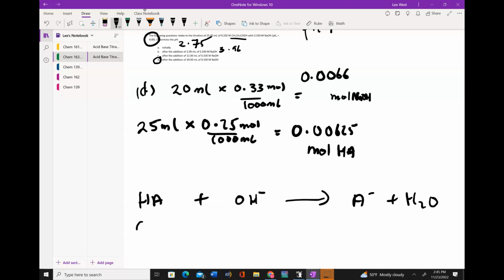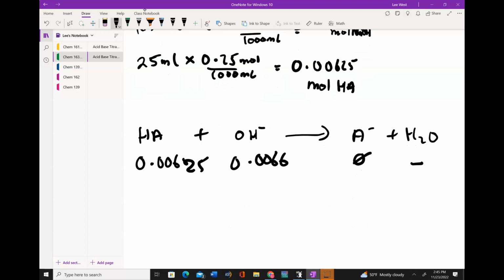So 0.00625, 0.0066, 0, we don't have to worry about that. So obviously my acid is my limiting component here.